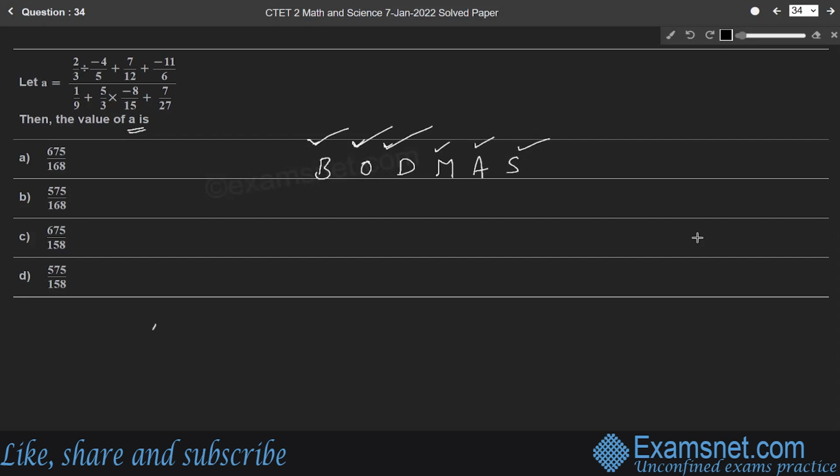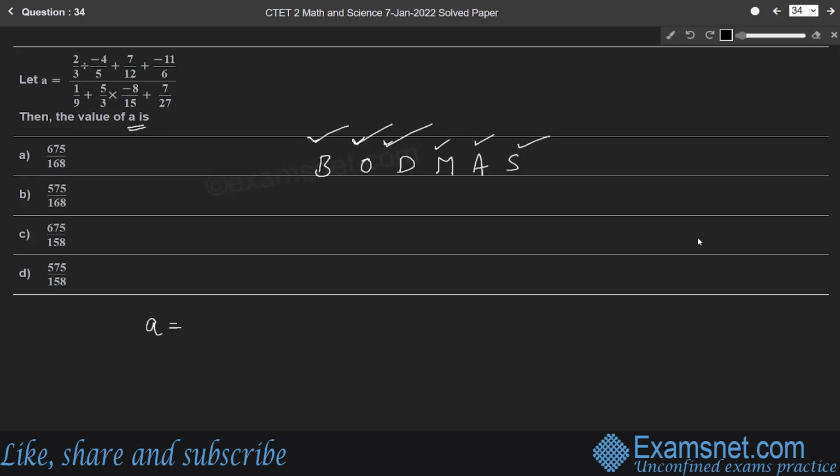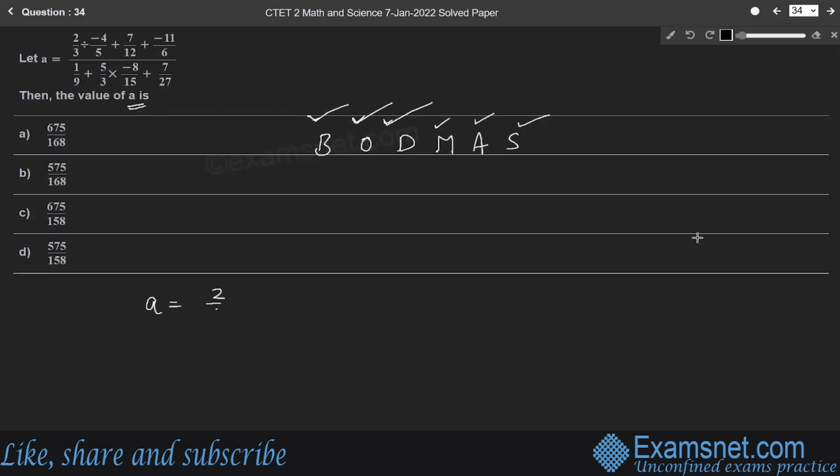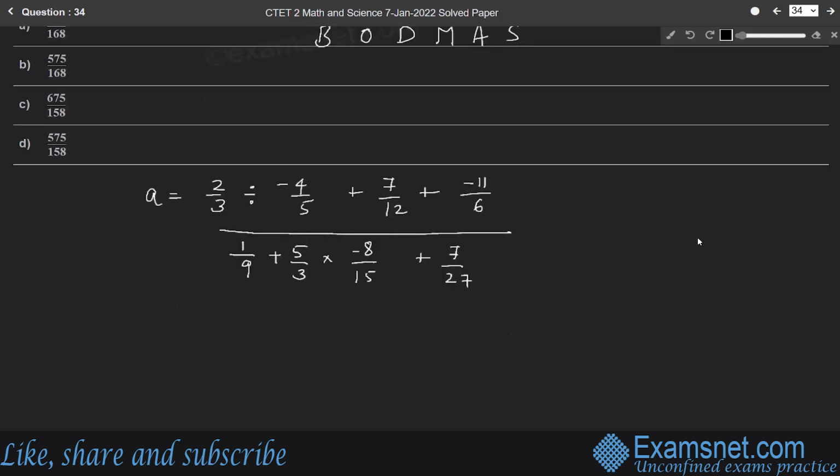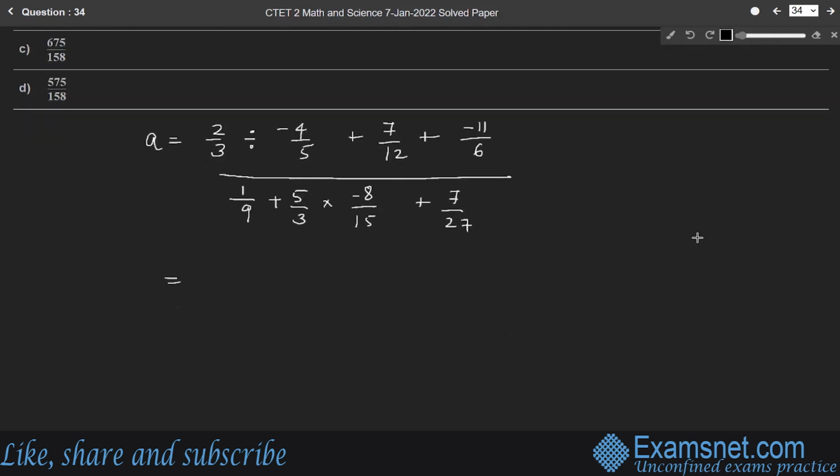So here A is equal to 2 by 3 divided by minus 4 by 5 plus 7 by 12 plus of minus 11 by 6 whole, divided by 1 by 9 plus 5 by 3 into minus 8 by 15 plus 7 by 27. According to the BODMAS rule, the division comes first.